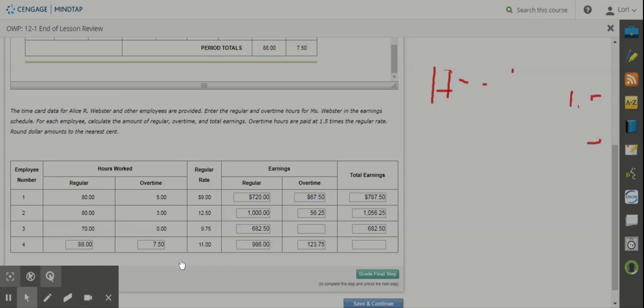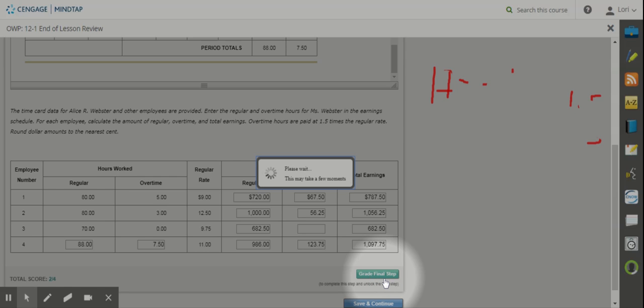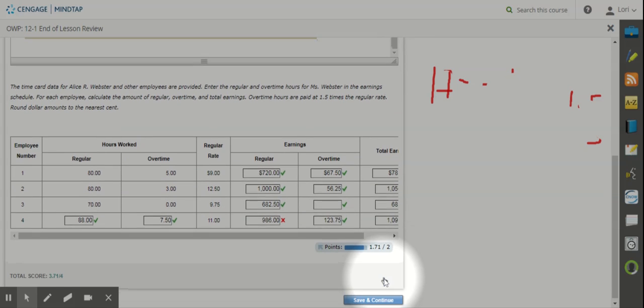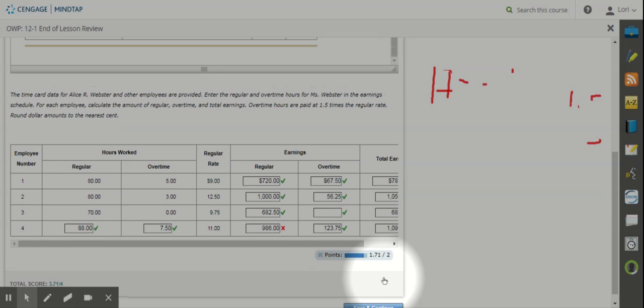Which gives us a total, when we add those together, of $1,091.75. Go ahead and grade that, and you should have all of them right at this point. Oops, oh, I wrote the number backwards. That should be 968. Sorry.